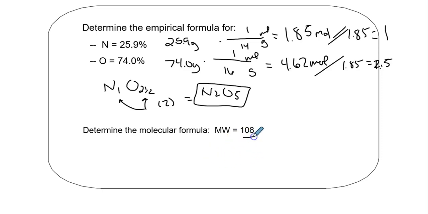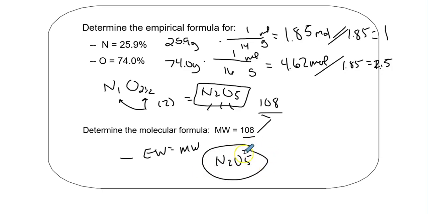What's the actual formula? Add everything up and you'll see you get 108 for this thing. Therefore, the empirical weight equals the molecular weight, so the actual molecular formula is N2O5. Let's add it up just to make sure.